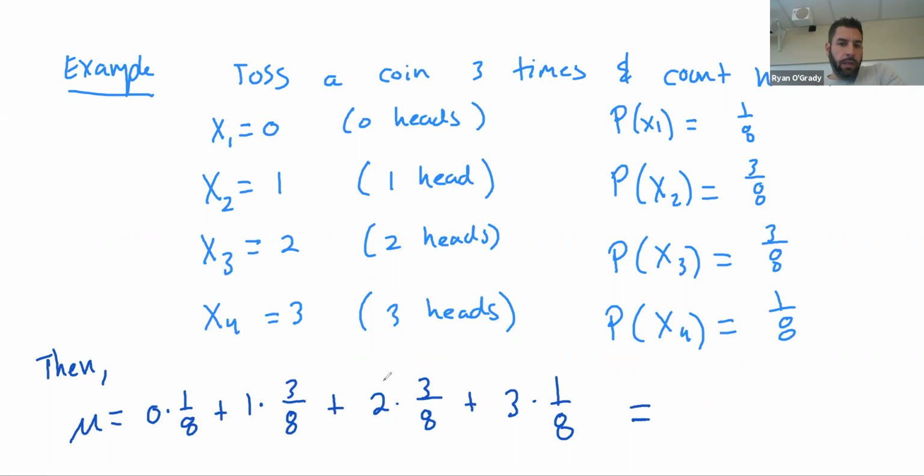So again, 3, 6, and 3. So that's 12/8, which we can write as a decimal. 8 goes into 12 one time, with a remainder of 4/8. So this is nothing more than 1.5.